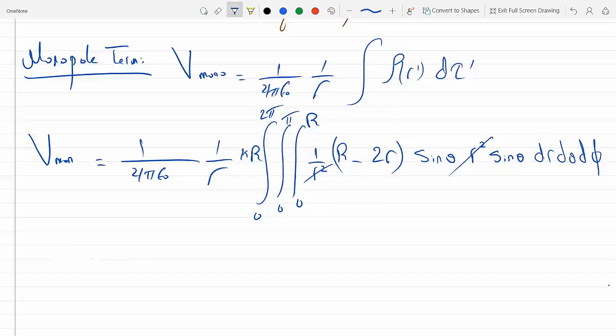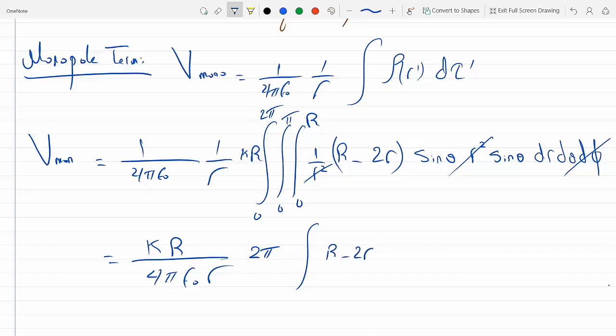So we get here kr over 4 pi epsilon r, and then we get 2 pi from d phi. So this guy is already taken care of. We're going to get r minus 2r integrated on dr. There's no theta dependence on this, and then we're going to get sine squared theta d theta from 0 to pi, and this is 0 to r.